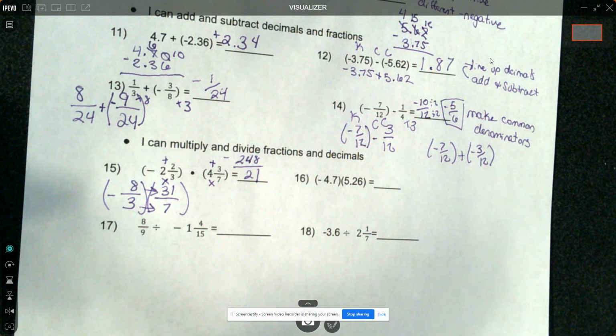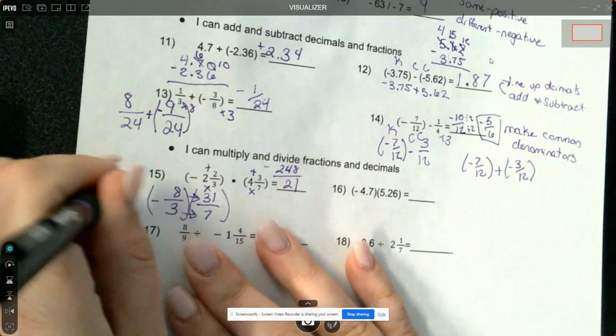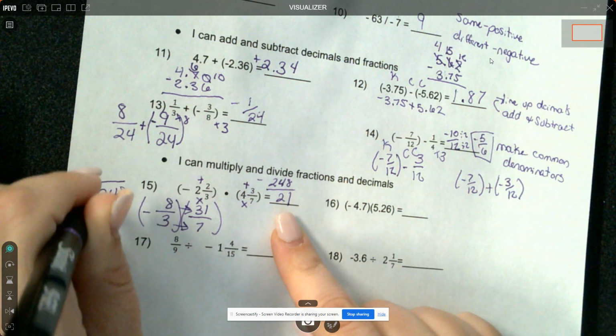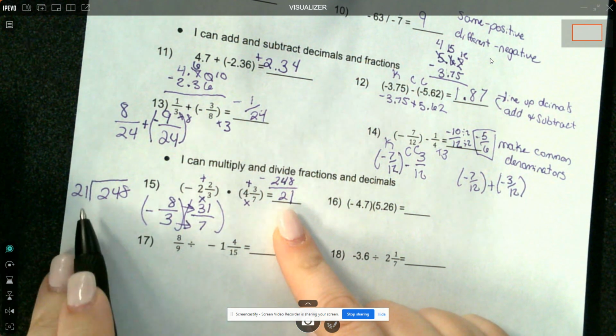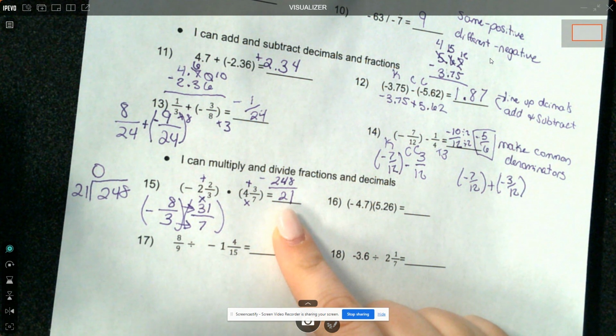Instead of hurting my head to figure out what numbers go into 21 and 248, I would suggest doing long division first and changing it back into a mixed number. So when you set up the long division, your top number is going to go on the inside, bottom number is going to go on the outside. 21 does not go into 2, but does 21 go into 24?